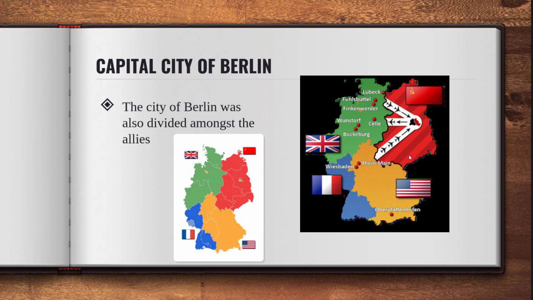But pretty quickly, the US, the UK, and France banded together, and so it was just divided into two parts. The Soviet Union had half of Berlin, because it was in their territory, and the other three powers, US, UK, and France, had the other half.